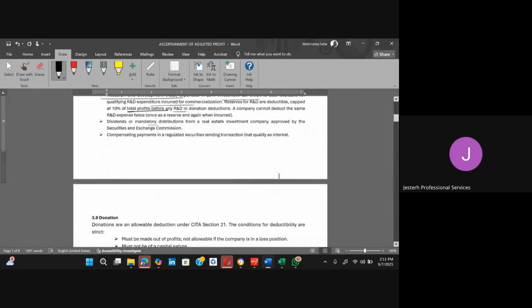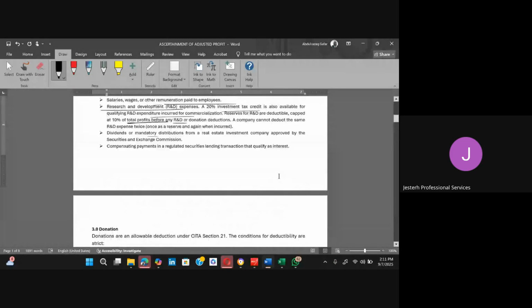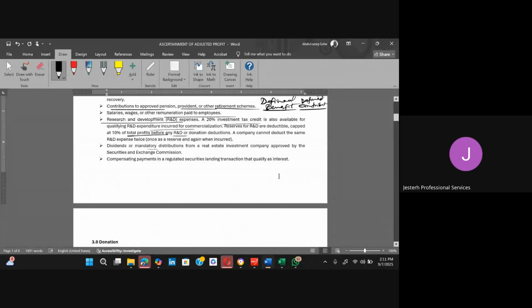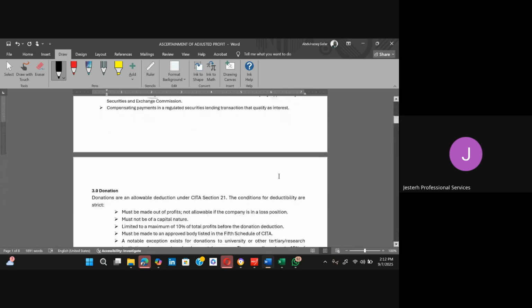When you have a regulated securities lending transaction whereby you borrowed shares from someone, while you also give cash in consideration of the shares that you borrow, just that you will need to return those shares, whatever cost that you incurred in that regulated securities lending transaction would be allowed as tax deductible.